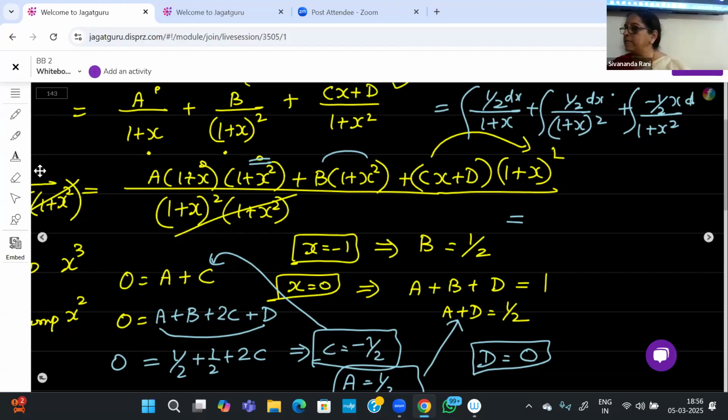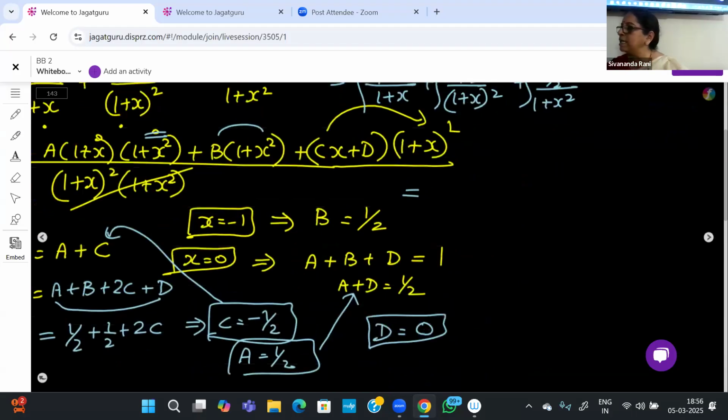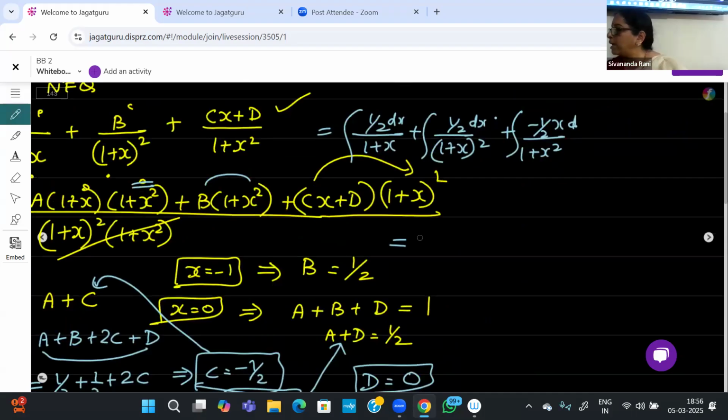Let me check whether what you got is indeed what I'm arriving at. Half log mod 1 plus x, minus 1 by 2, 1 plus x, minus 1 by 4 of log of 1 plus x. How many of you got this?